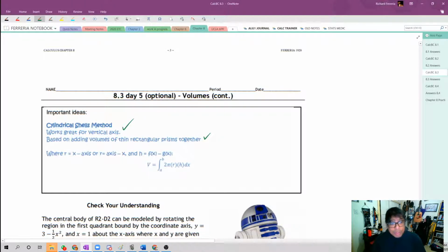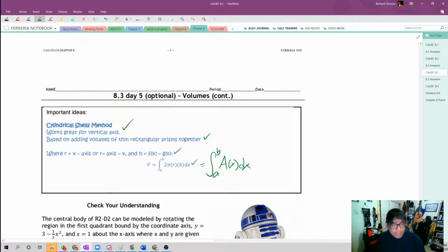And H is pretty much always going to be f of x minus g of x. So you can kind of count on that pretty well. And then the volume formula, remember that's based on the integral from a to b of the area formula, A of x dx.